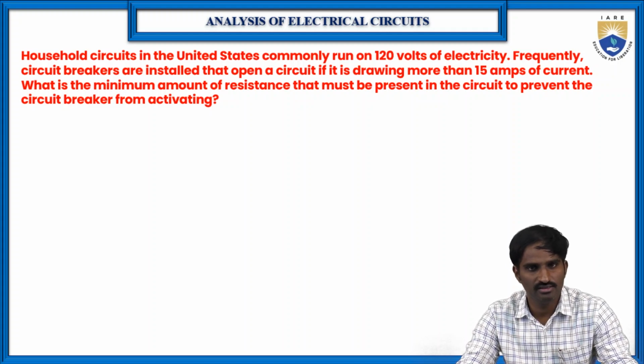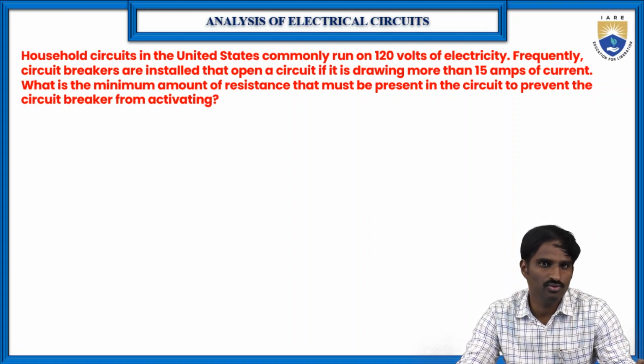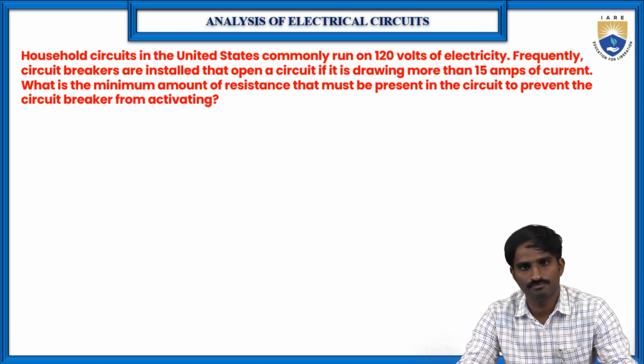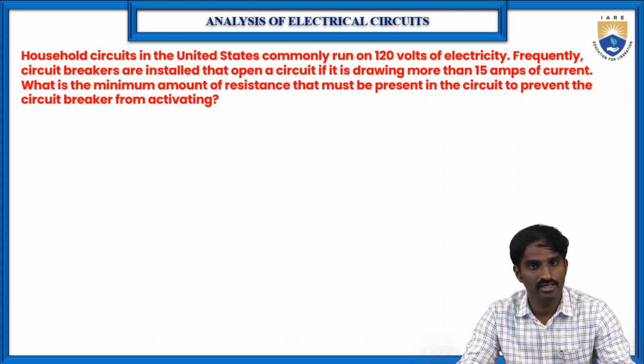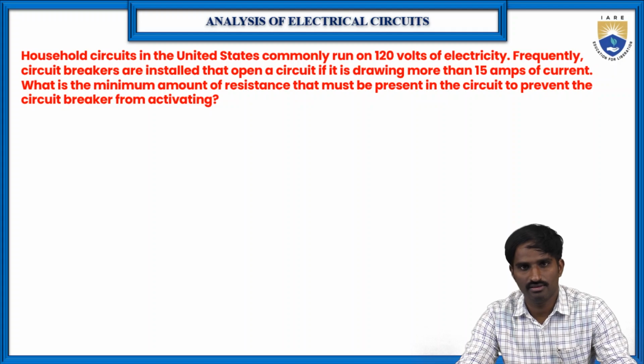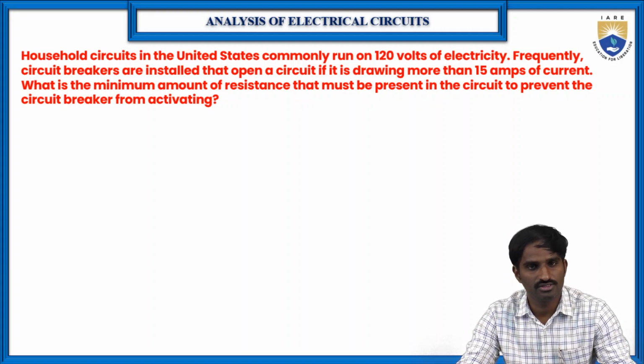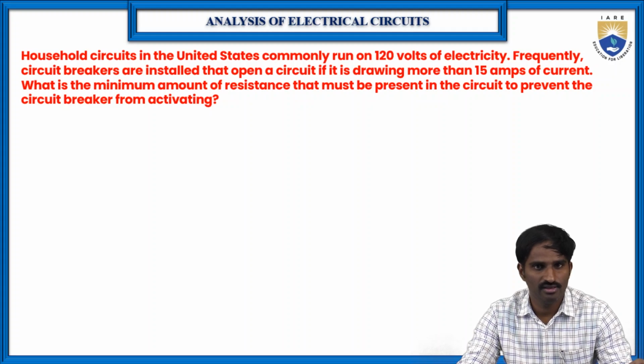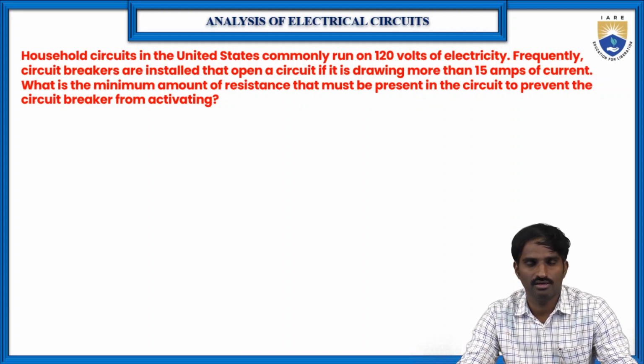To prevent that, we usually include a circuit breaker, because whenever a short circuit occurs in our houses, the total wiring and some electrical appliances will be damaged. Why? Because high current will flow. As we know, in a short circuit the current is maximum, and in an open circuit the current is zero. So to prevent damage to the electronic appliances, we use a circuit breaker.